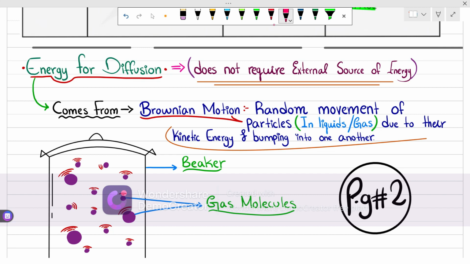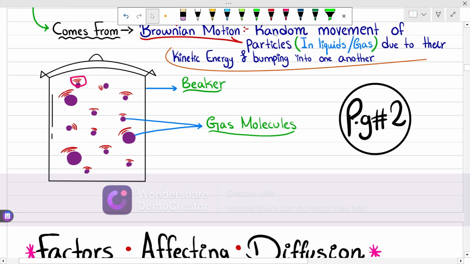So Brownian motion only occurs in fluids. For sure, a solid is not a fluid because its particles are not able to move around in random movement. Liquids and gases are fluids, so they have random movement of particles, and due to their bumping into each other and their kinetic energy and vibration, this brings the energy for diffusion.